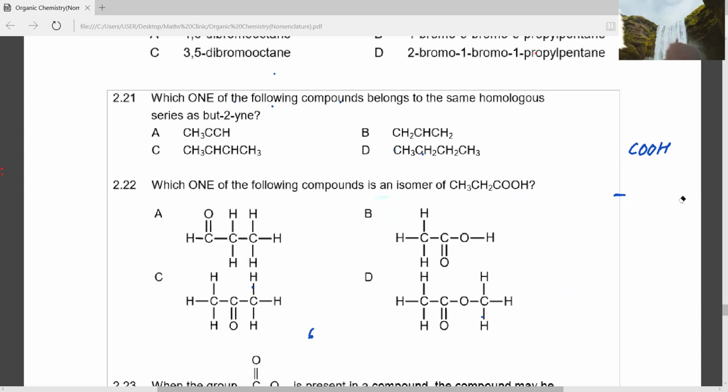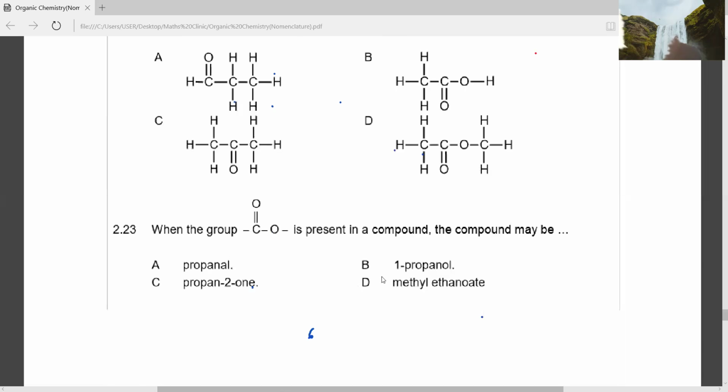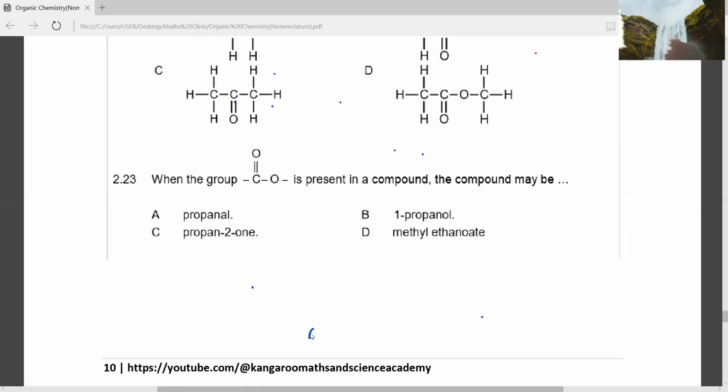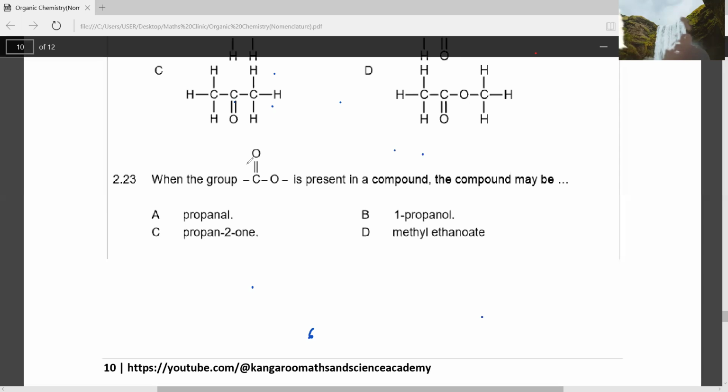Okay, let's now move on to the next one. I think this is the last one for this activity. It says, when this group is present in a compound, the compound may be, obviously, maybe this, if it's like this with an O, if you put a hydrogen, it will be a carboxylic acid.